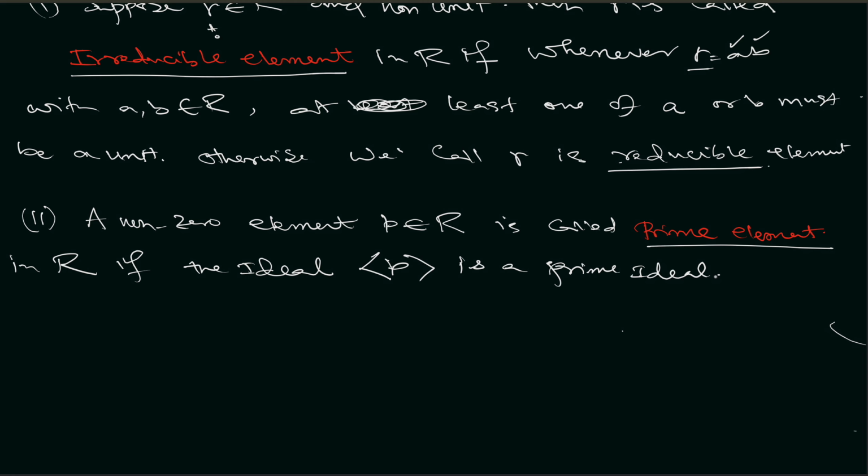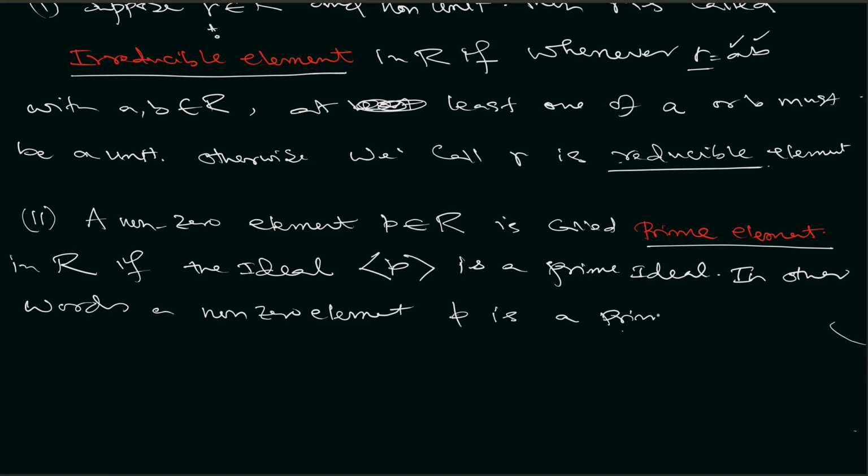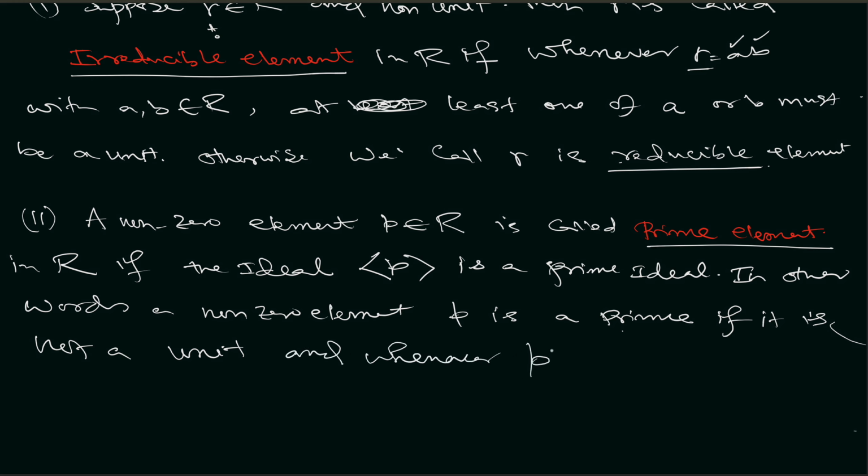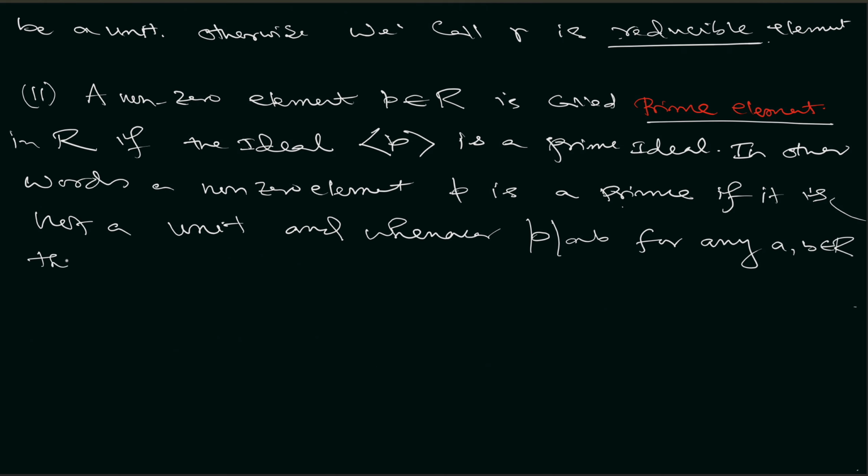In other words, a non-zero element p is a prime element if it is not a unit, and whenever p divides ab for any a, b inside the ring R, then either p divides a or p divides b.